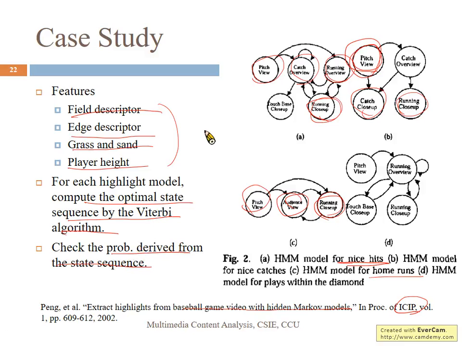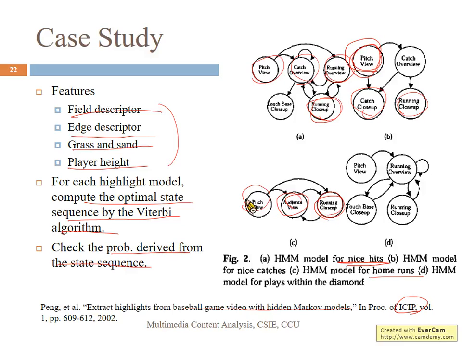And for the model that generates the highest probability and may exceed some threshold, then we say that the given video clip has some special important event like a home run. So this is a very simple case study of using hidden Markov model to do multimedia content analysis.